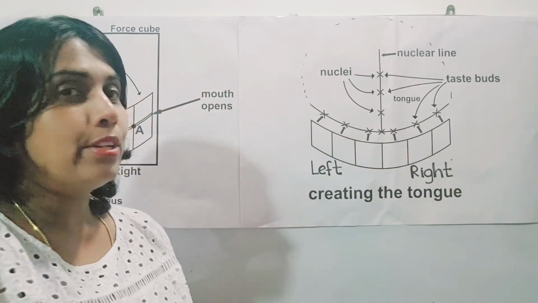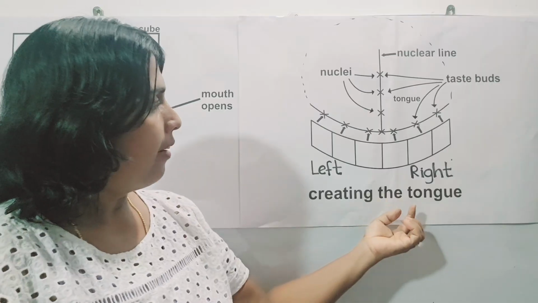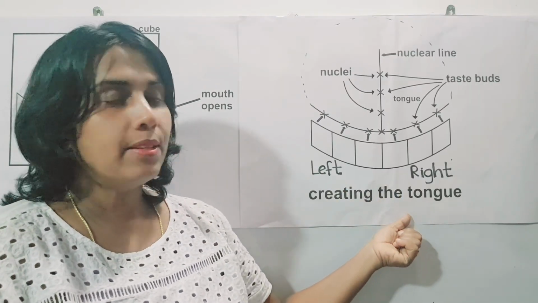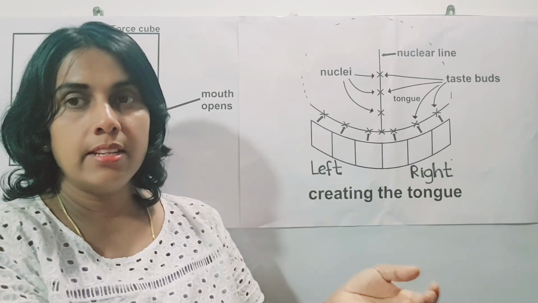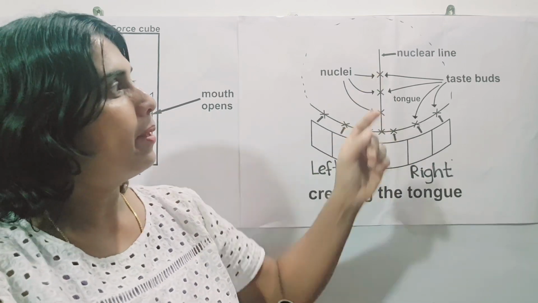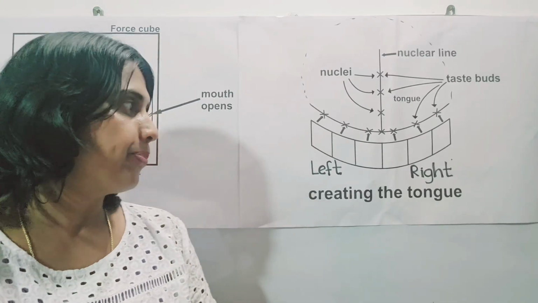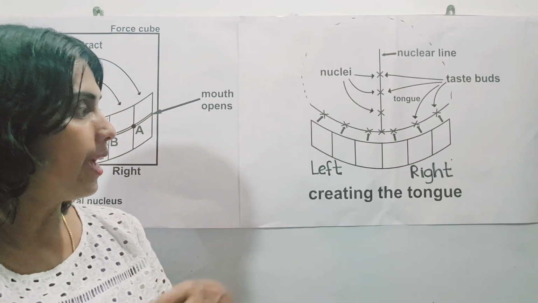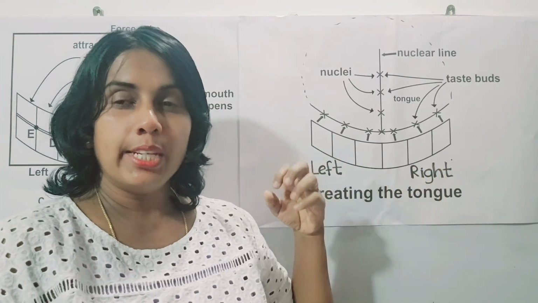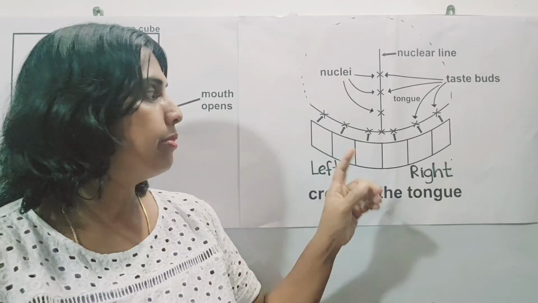So tongue is the origin of teeth because at the universe's origin, after creating the teeth, only the tongue was created, and the tongue was created by the nuclear energy. That nuclear energy is carrying the information or the genetic power used to create the teeth.